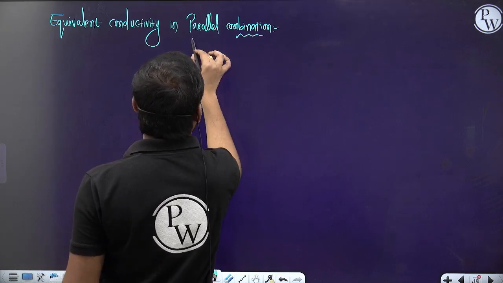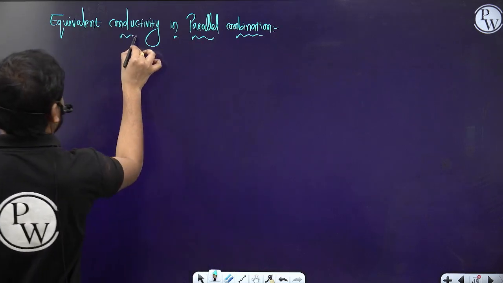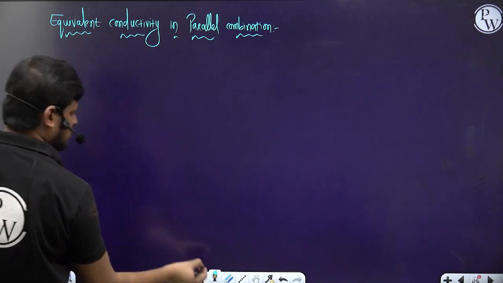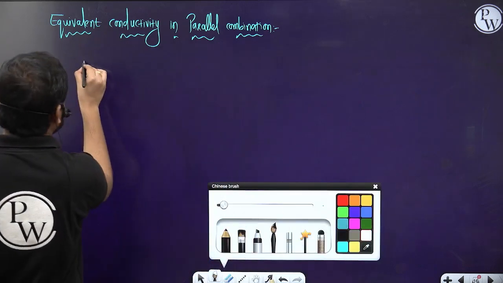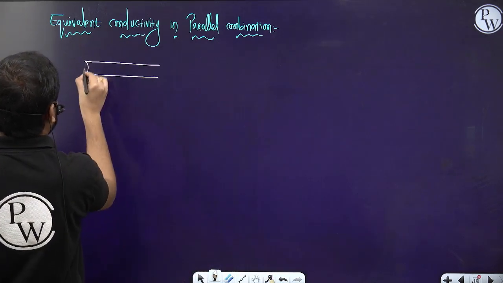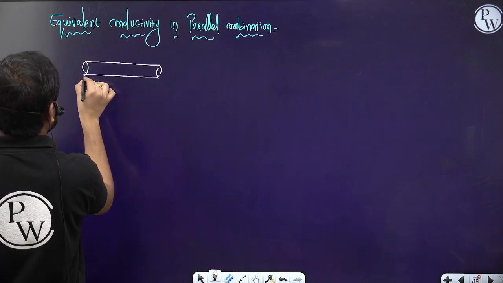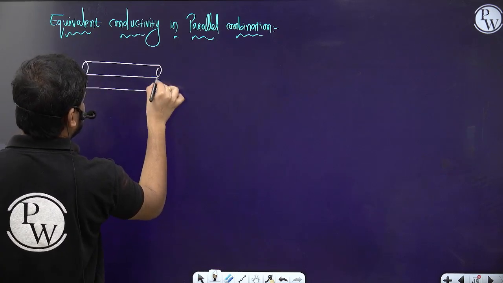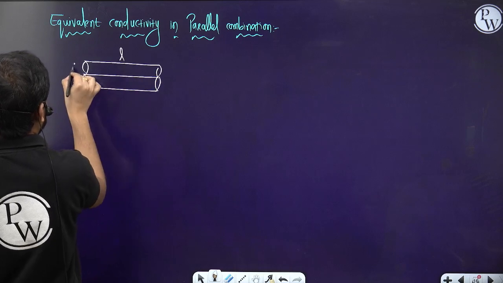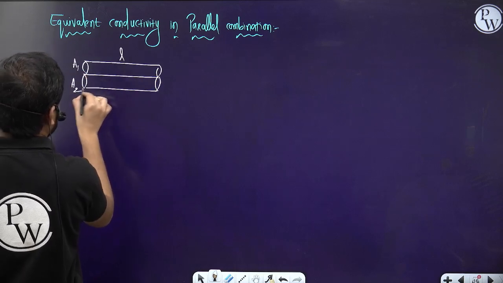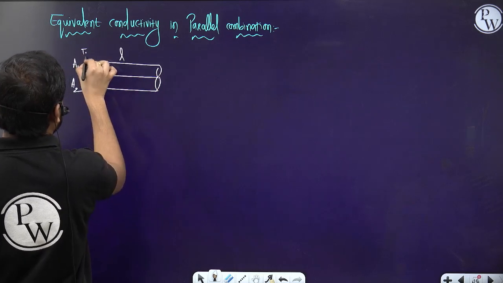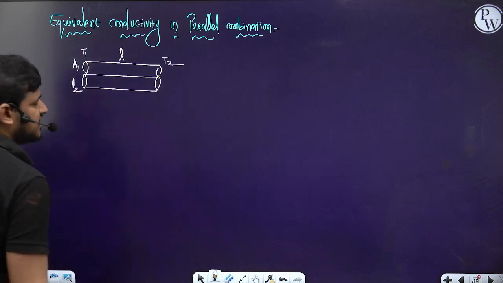Let me draw the diagram quickly again. We have two rods. This is one, and this is one more rod of the same length, with cross-sectional area A1 and cross-sectional area A2. Here the temperature T1 is maintained, and here the temperature T2 is maintained.